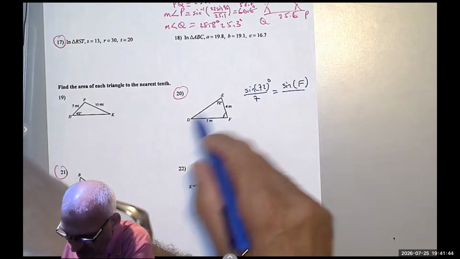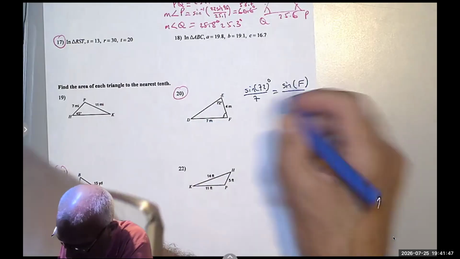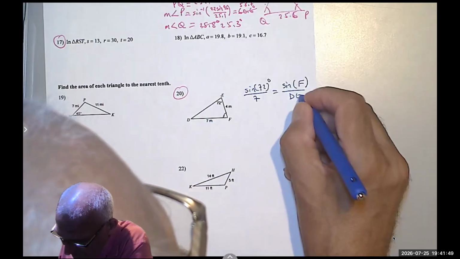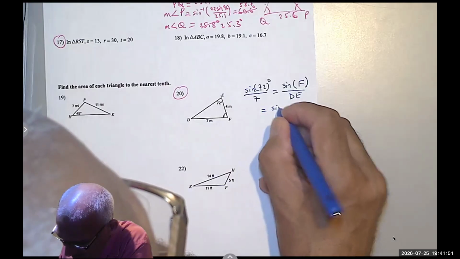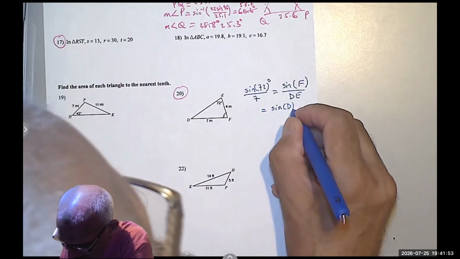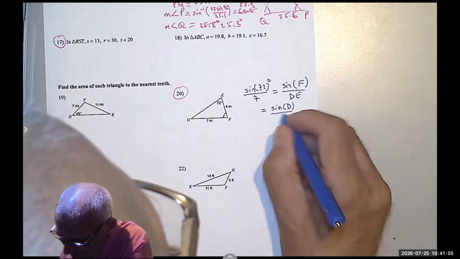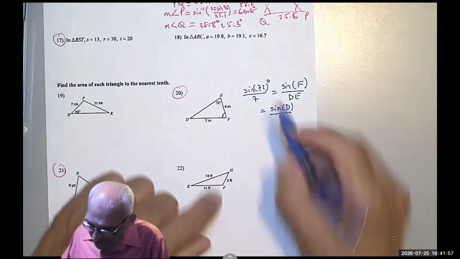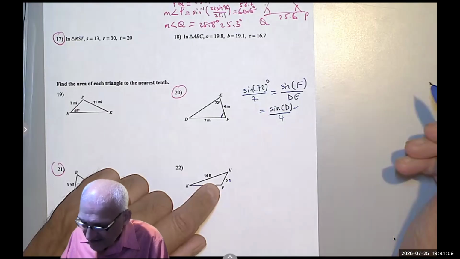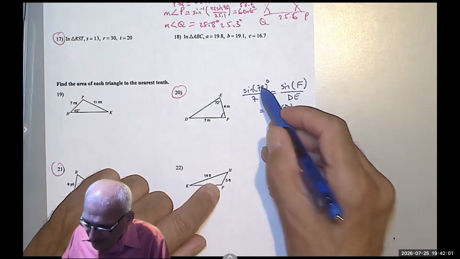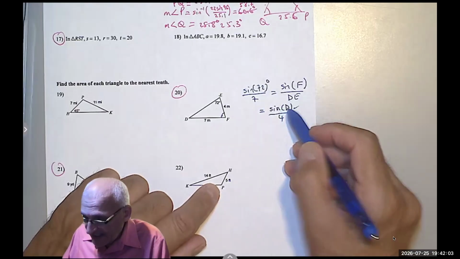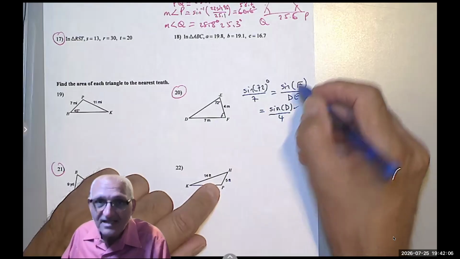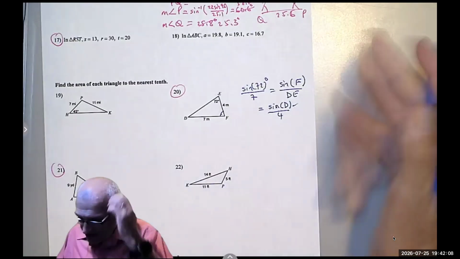So sine F over DE, but I don't know the side DE. So I'm going to say over DE equals sine D over 4. From this equation, I can find sine D. If I know these two angles, I subtract them from 180 to get that, and then I don't need DE, in fact.